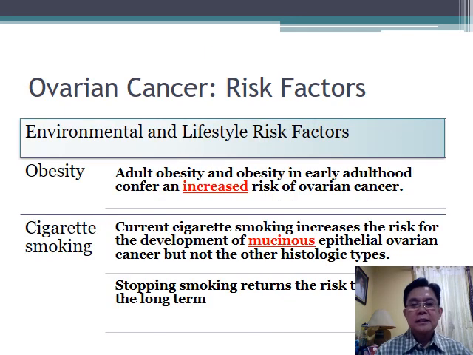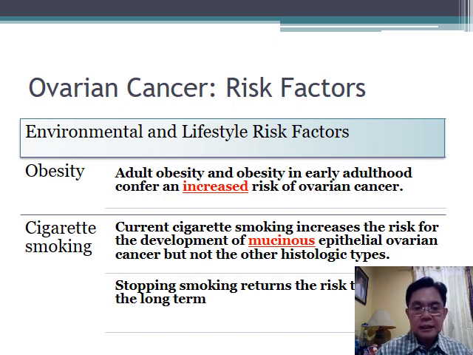Obesity in early adulthood confers increased risk of ovarian cancer. Cigarette smoking increases the risk for development of mucinous epithelial ovarian tumors, but not other histologic types. Stopping smoking returns the risk to non-smoking levels.